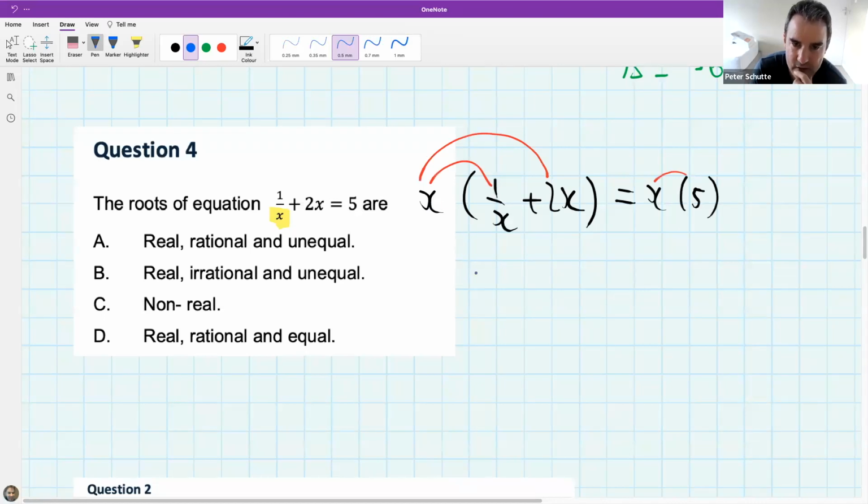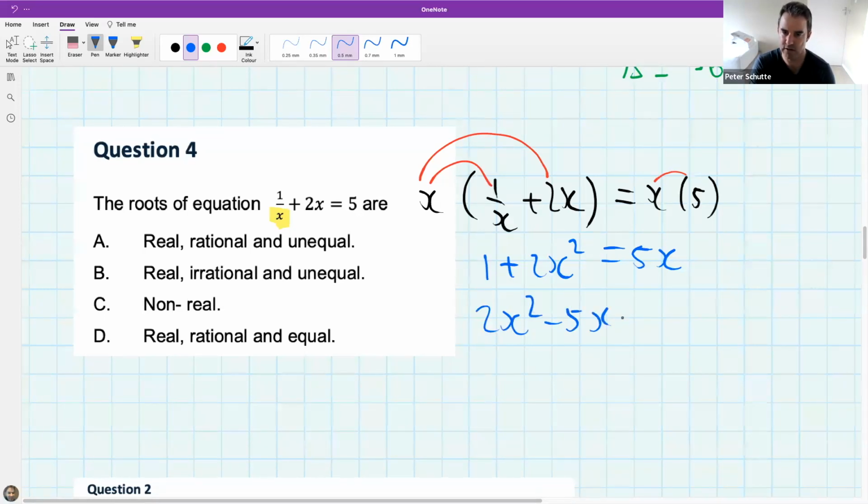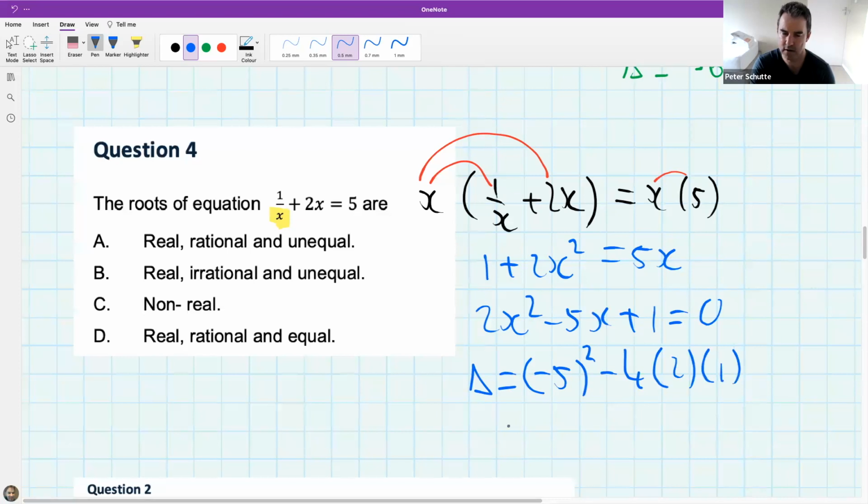So this is going to give us 1, and this is going to give us 2x squared, and this is going to give us 5x. And then if we bring this to this side, that should be our standard form, and then delta should be minus 5 squared times 1.